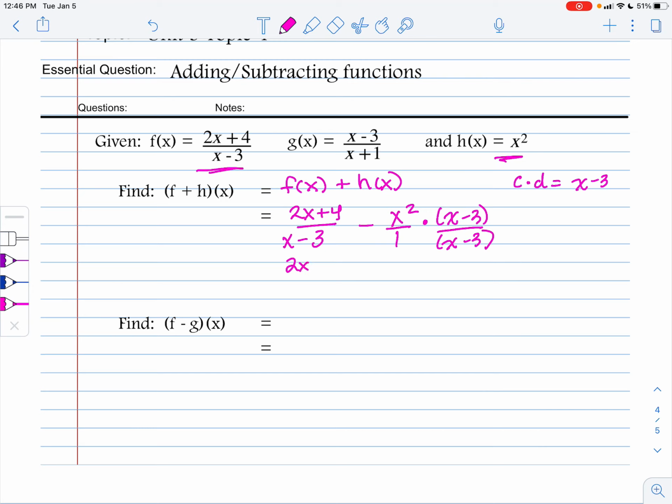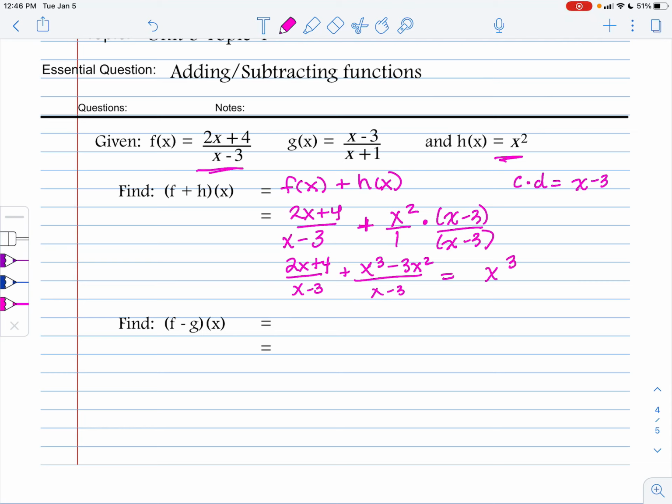So our first one is okay, 2x plus 4 over x minus 3 plus, and now I'm going to distribute this, x cubed minus 3x squared, all over x minus 3. So now we can combine like terms.